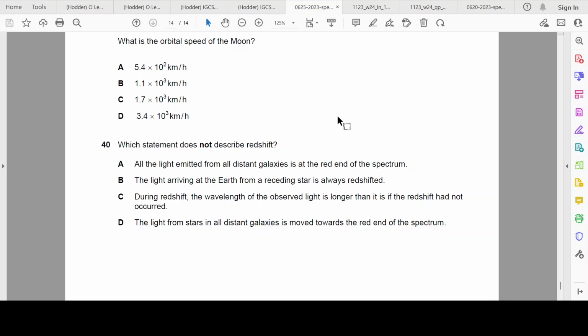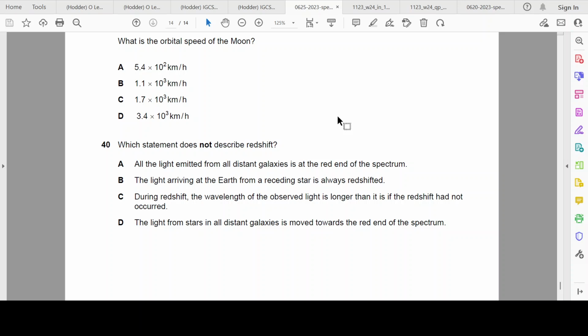C: during redshift, the wavelength of the observed light is longer than it would be if redshift had not occurred. That is also true. B, C, and D are saying the same thing. So the wrong answer, which is what you're looking for, is A.